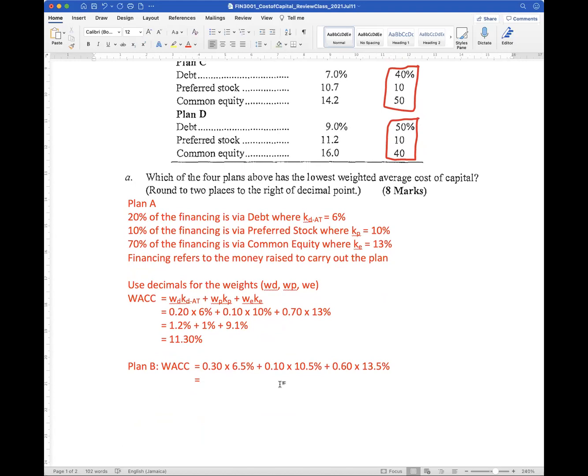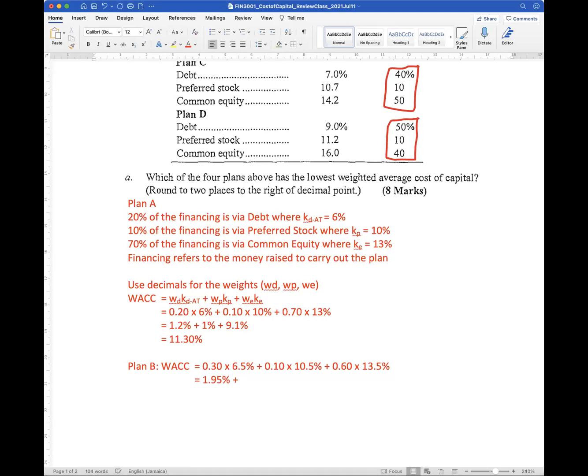The first one, 0.3 times 6.5. I get 1.95, 1.95%.